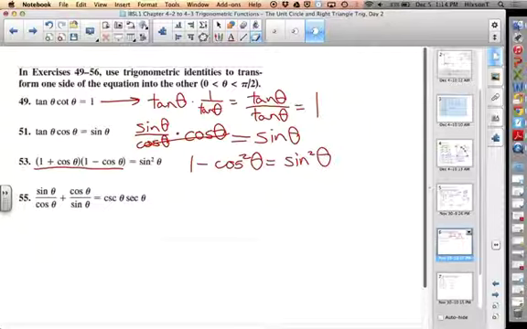And here, all they're telling us is that theta is between 0 and 90. It's in the first quadrant. So do we need to worry about positives and negatives? No, they're all going to be positive. We don't need to worry about anything like that.